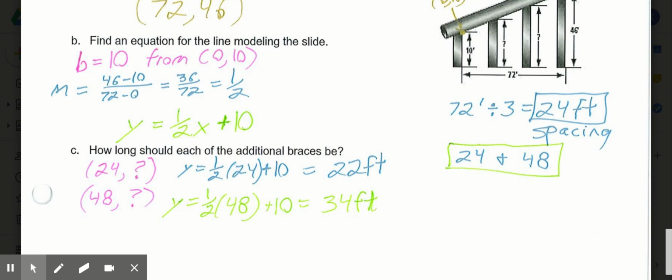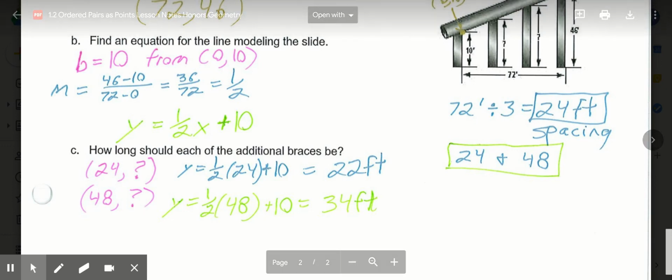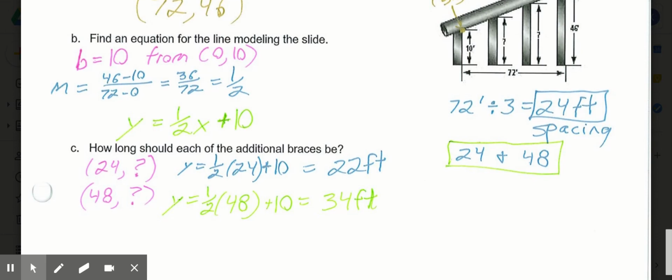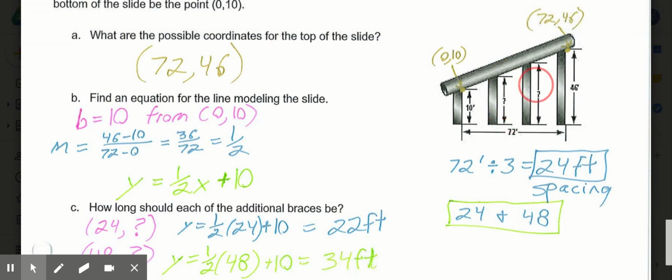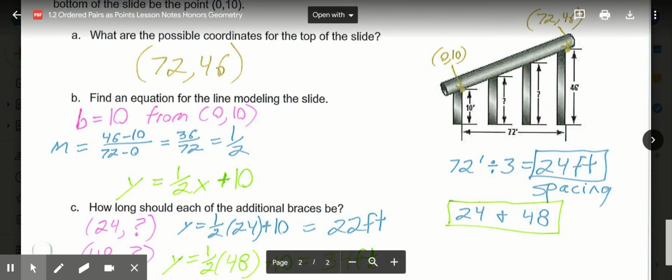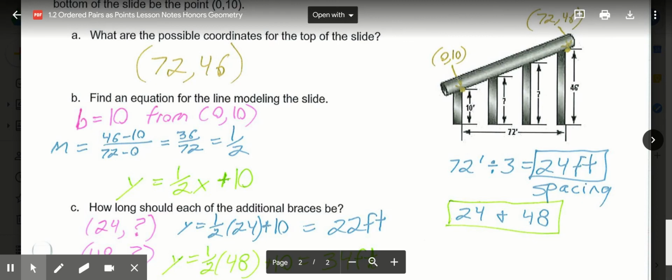And then in part C, they want us to figure out how long should each of the additional braces be. So this one gets a little tricky because we're figuring out the length, or this height here, of each additional brace. In order to do that, we would want to figure out their x values on the bottom. Here's how we can do that. We know this is 72 feet across.